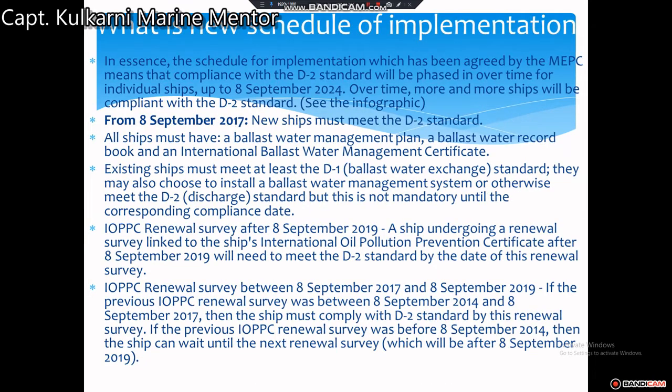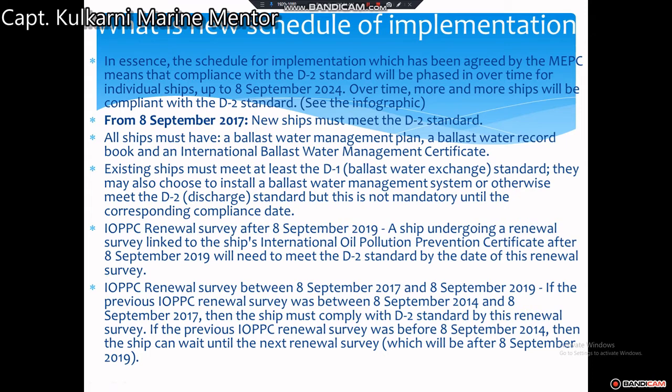Now next is, what is the new schedule of implementation? What is the timing? Now as per this, all the ships have to come to the standard of D2. That is what we have spoken, how many species are going to remain, from 8 September 2024. Okay, from 8 September 2017, new ships must meet the D2 standard.